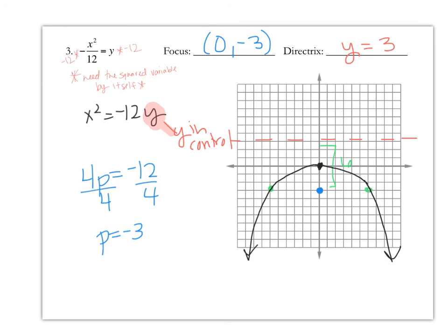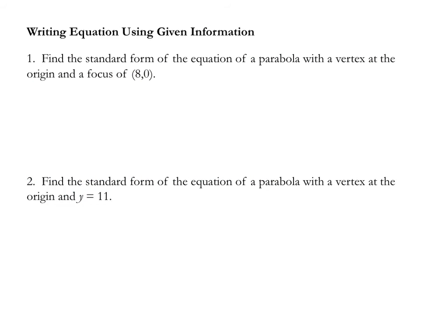Alright, let's take a look at something a little different. So this is asking us to think the other way. They are giving you information about the graph, and you need to figure out what the equation would be. These always make more sense to me if I graph them so I can visually see what's going on. So I'm going to just do a sketch. It's not going to be a whole graph.